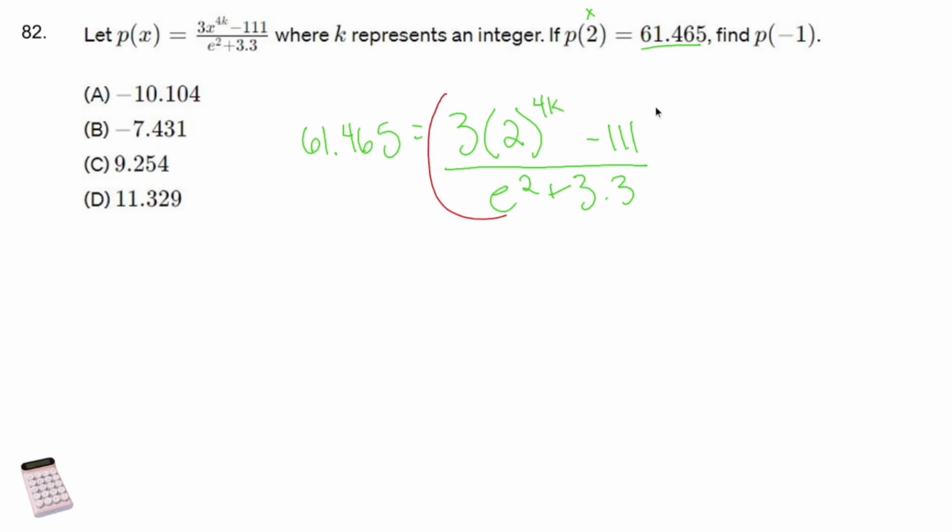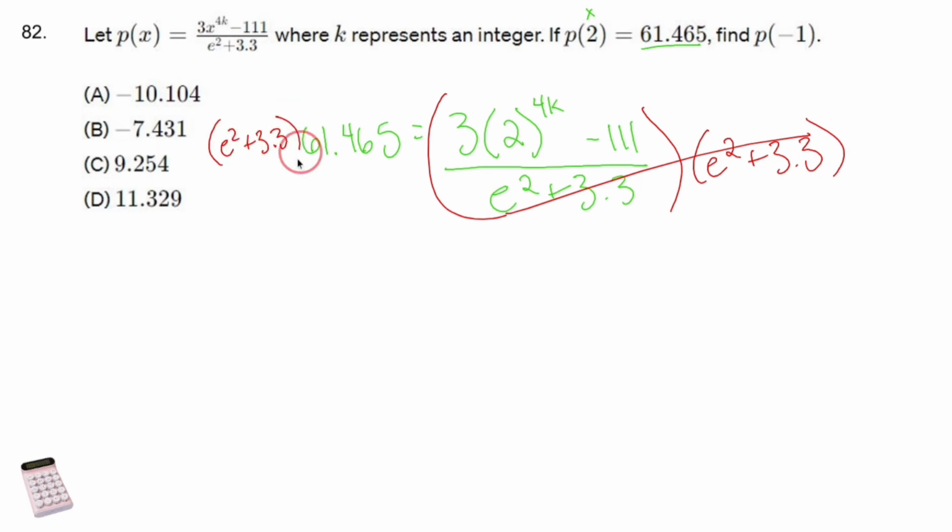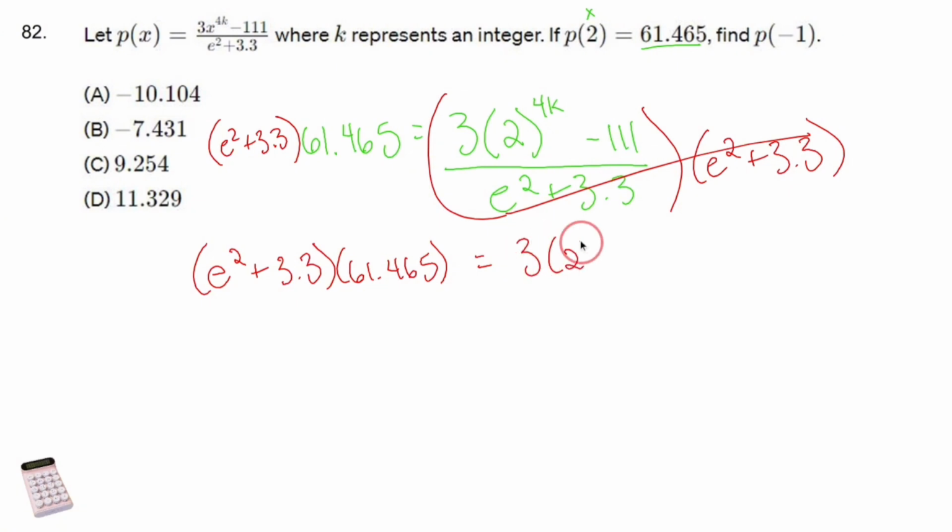I'm going to multiply both sides by whatever e squared plus 3.3 is. That allows that to go away. So e squared plus 3.3, just 3.3. I think I said 3.33 before, but it's just that. All right, so now what I have is e squared plus 3.3 times 61.465 equals 3 parentheses 2 to the 4k minus 111.